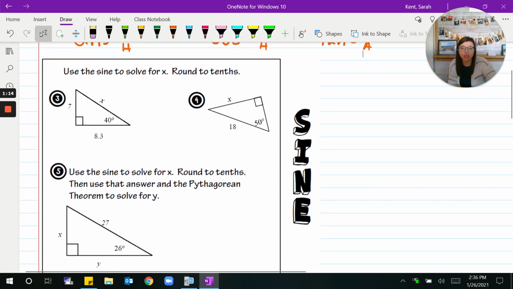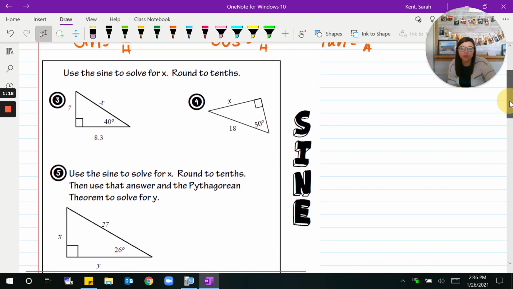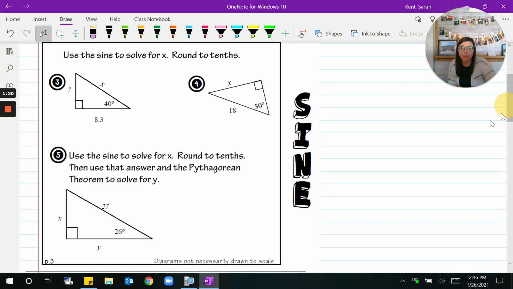So first we will look at sine. Here it tells us to use the sine to solve for x. If it does not tell you what to use, then you can look and see where our angle is. So here we can see here's 40.